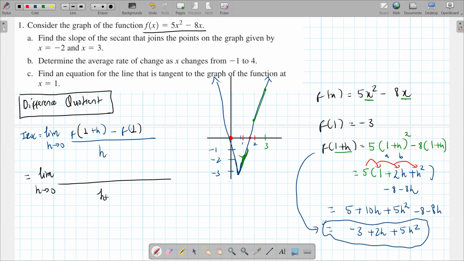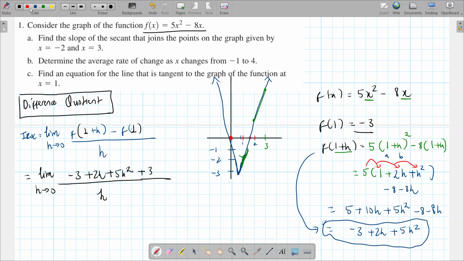Nothing has changed for these three things. f of 1 plus h is negative 3 plus 2h plus 5h squared. And f of 1 was negative 3. Now, negative negative, this becomes a plus 3. And that's the beauty of this.